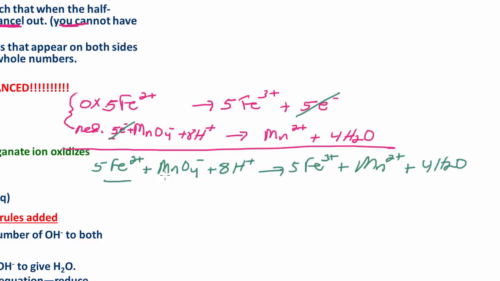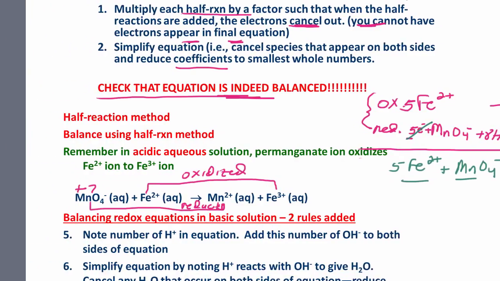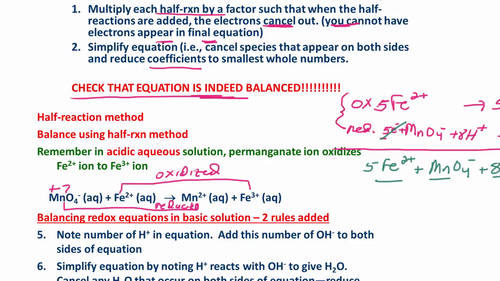And I go check: I have 5 iron on this side, 5 on that side, 1 manganese, 1 manganese, 4 oxygens, 8 hydrogens, and 8 hydrogens. This is balanced. So we balanced that in acidic solution.